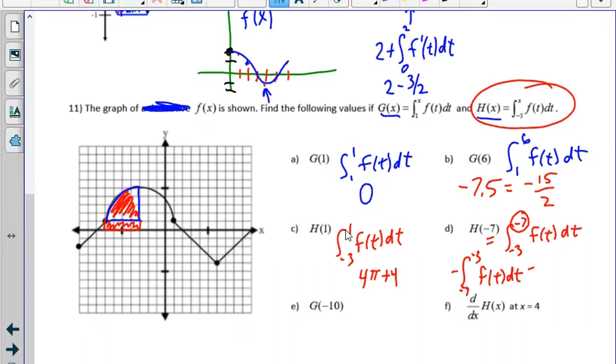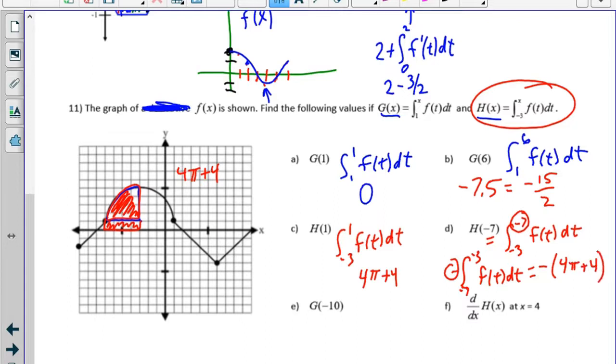And since the integral from negative 7 to negative 3 is all positive stuff, all above the axis, that means I get 4 pi plus 4 for that integral, but this integral is actually negative. I have to put a negative sign.